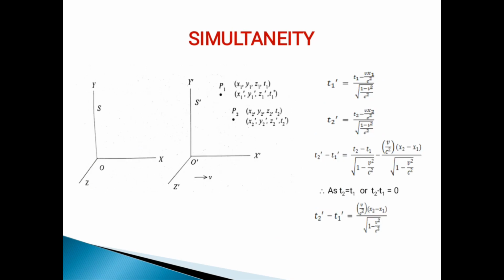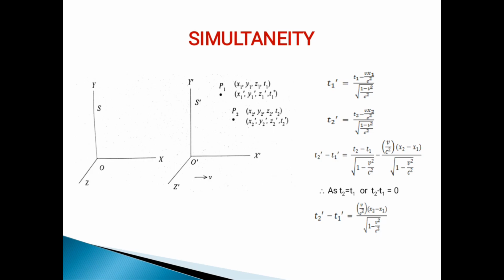Now we discuss relativity of simultaneity. The relativity of simultaneity is a concept from Einstein's special theory of relativity, which states that the order of events can be different for two observers in relative motion. This means that what one observer considers simultaneous may not be simultaneous for another observer moving relative to the first.